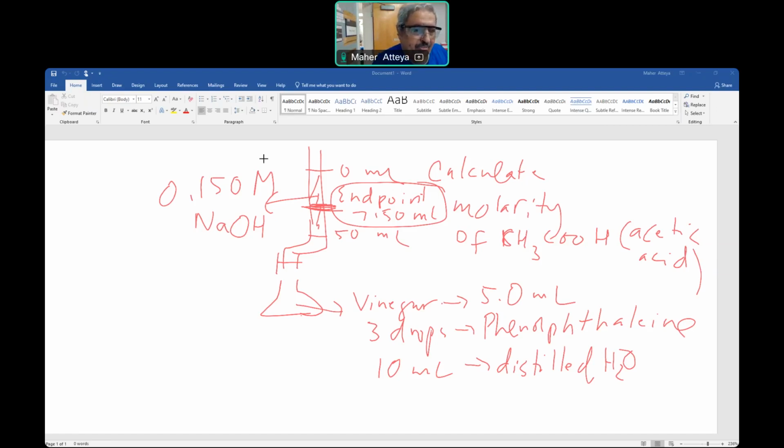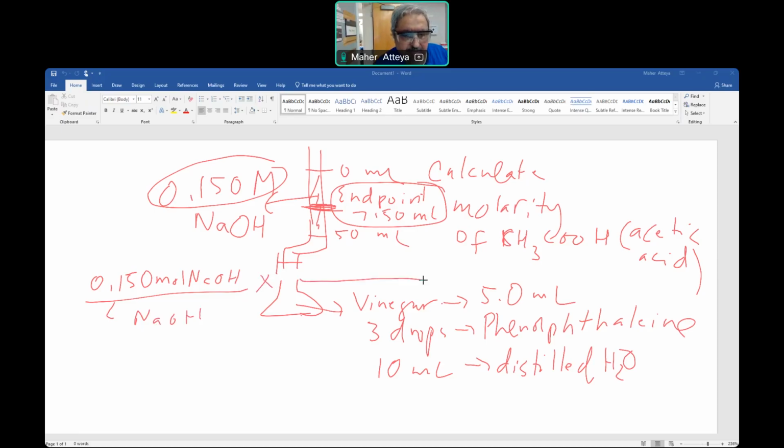I'll start with 0.150 mole sodium hydroxide per liter, and then multiply by the liters, not milliliters, of sodium hydroxide used to reach the endpoint. 7.50 divided by 1,000 is 0.00750 liter sodium hydroxide.